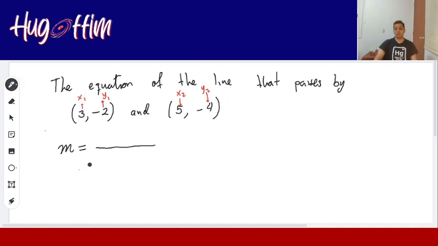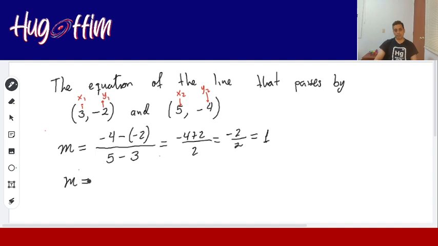And now I'm just going to get my gradient. So minus 4 minus 2 over 5 minus 3. In this case, this will be minus 4 plus 2 over 2. Minus 4 plus 2 is minus 2 over 2. So my gradient will be 1. So the gradient of this line is going to be 1.